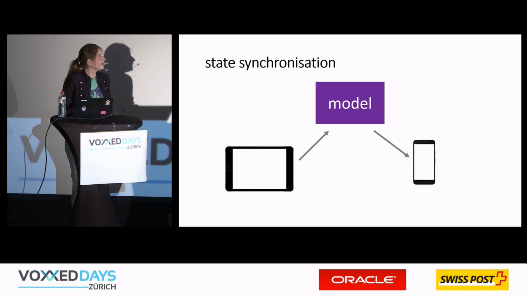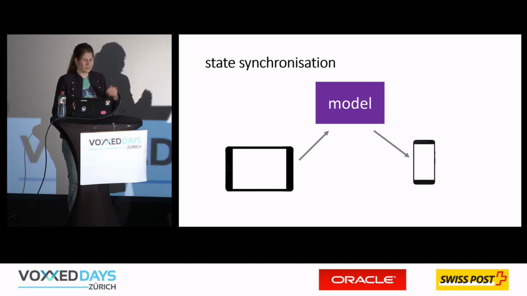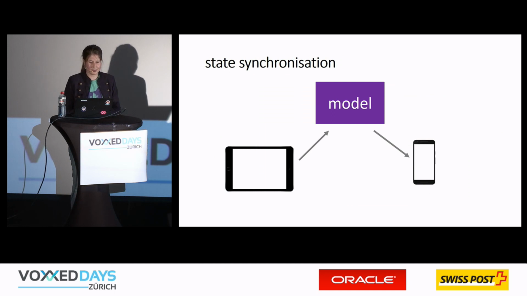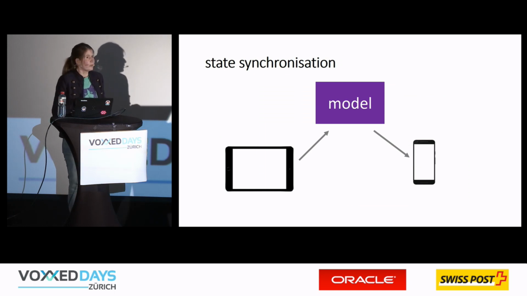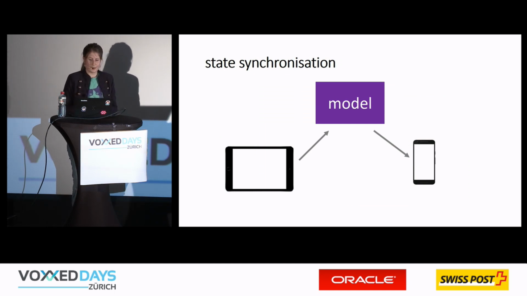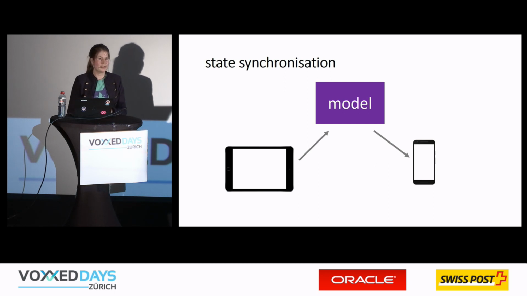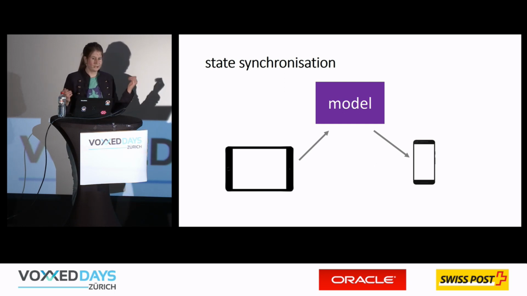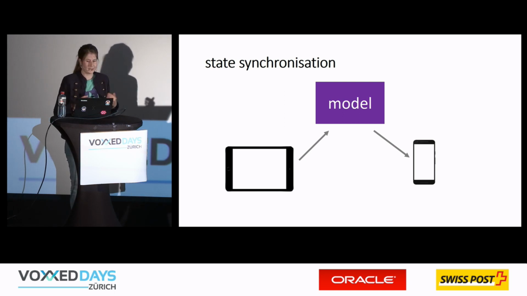Well, now let me move on to some of these problems and what we try to do to address them. So if you build web applications nowadays, you probably use some model view, whatever framework, like React or Angular, Vue, or Polymer. And they usually offer some mechanism for state management, and you can hook into that mechanism to synchronize the state across the devices.